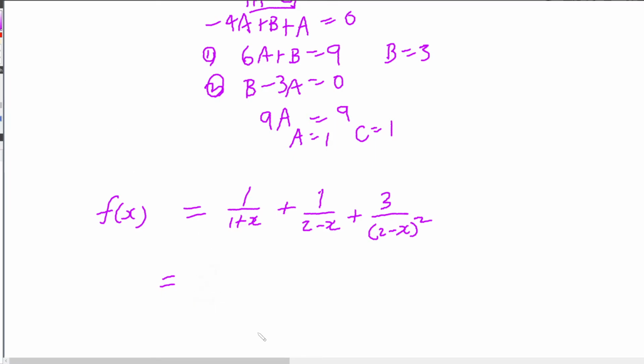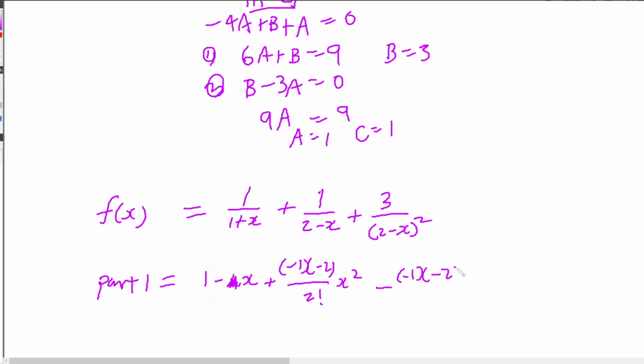We know the coefficients are going to be 1 minus x, and then plus minus 1 minus 2 over 2 factorial x squared. So this is part 1, term 1, plus that x squared minus that x cubed, or plus that x cubed.